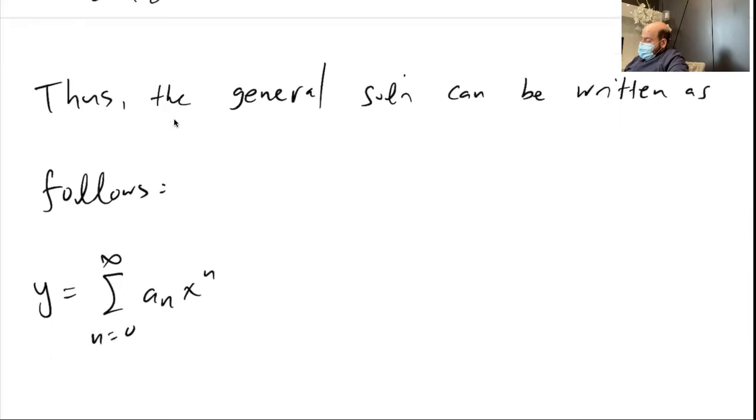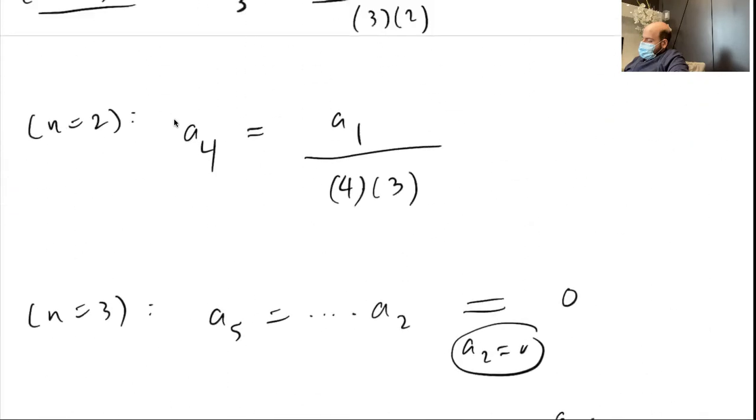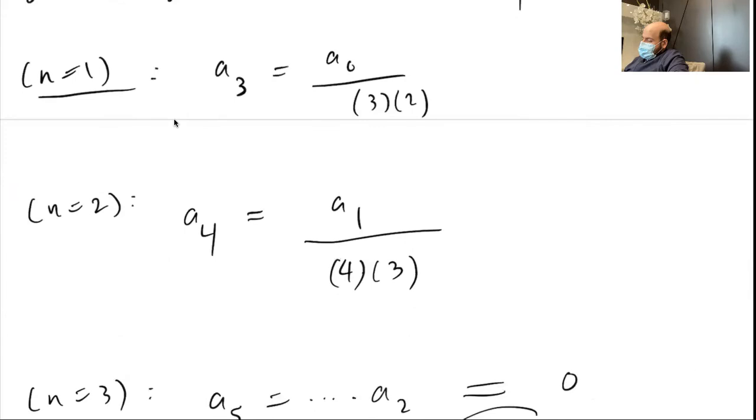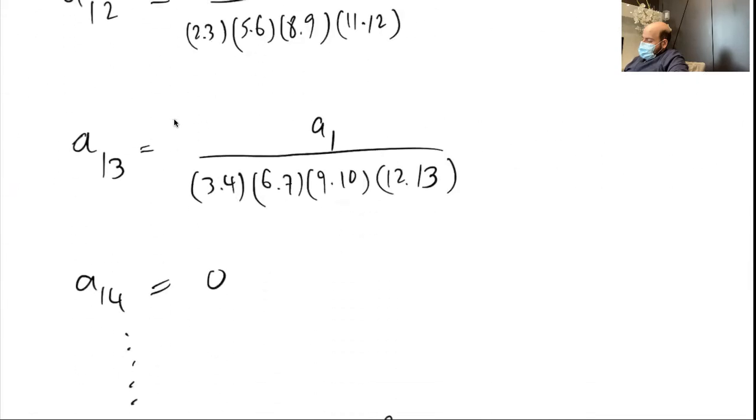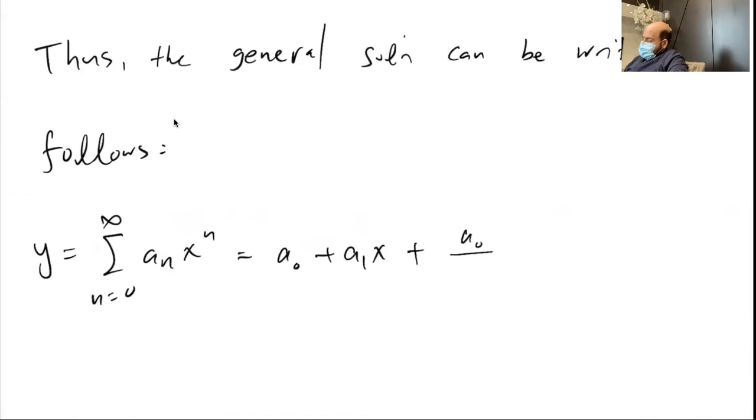So then I'll have A0, let's leave it as A0, A1, let's leave it as A1. And then A2 is 0, but the next term is A3. A3 was A0 over 3 times 2. So plus A0 over 3 times 2, x to the power 3.